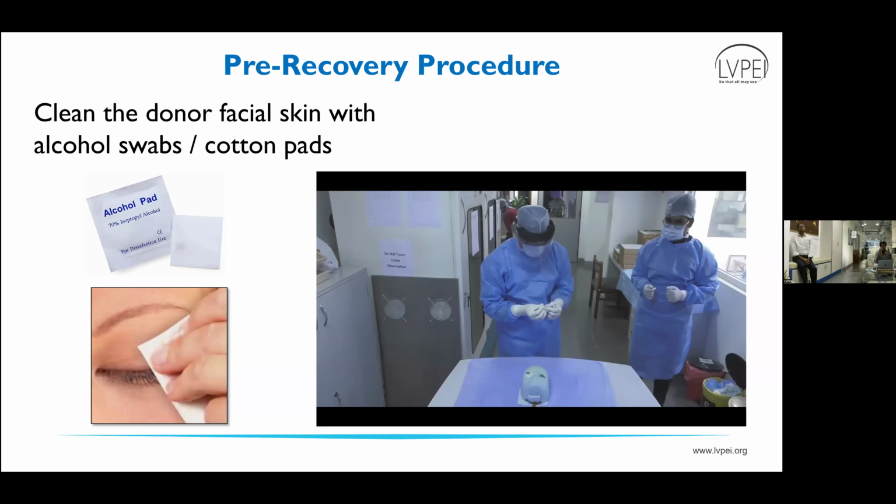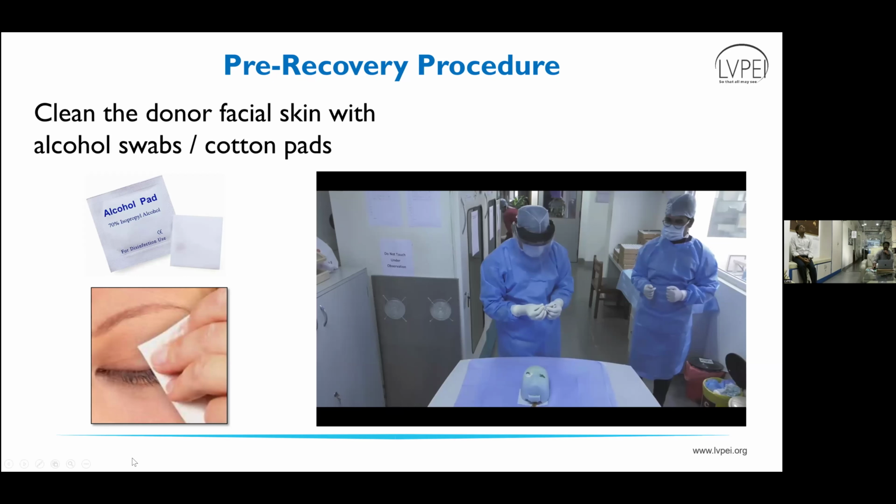We need to reduce the bacterial load. For that, we clean with surgical spirit on a cotton pad, or if alcohol pads are available, you can use the alcohol pads to clean the facial skin.